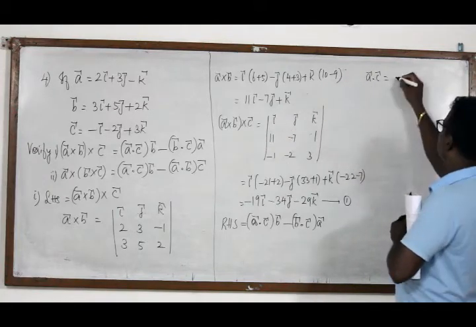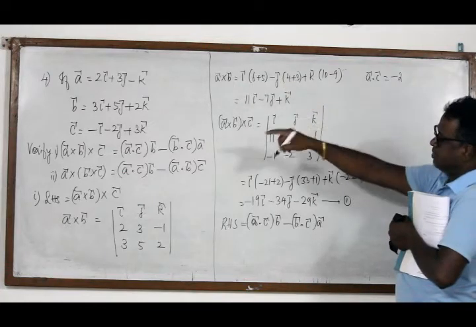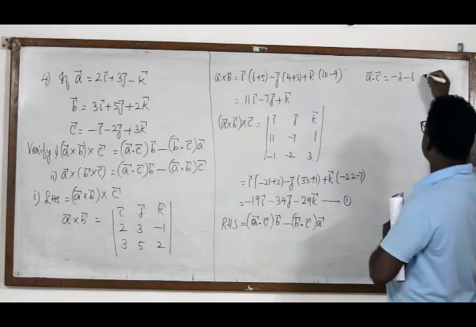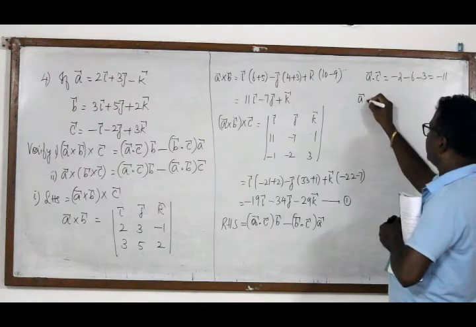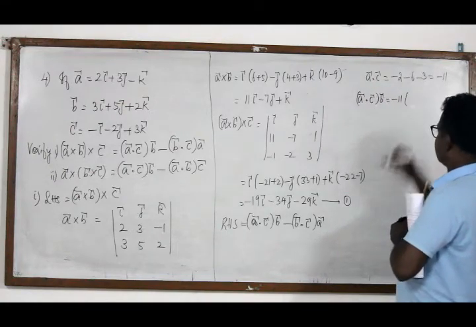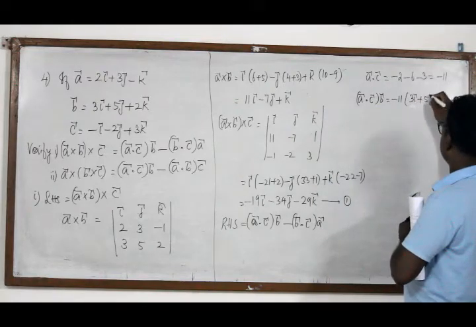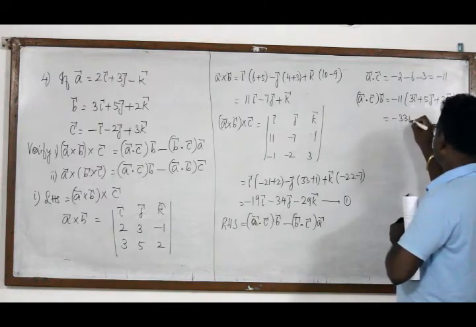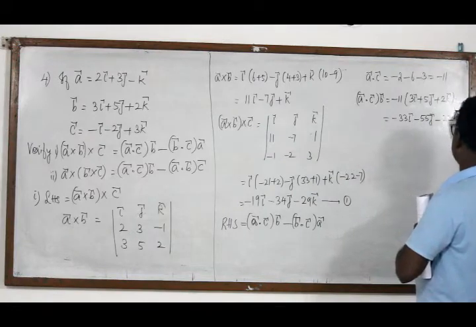So 2 into minus 1 is minus 2, 3 into minus 2 is minus 6, 1 into minus 1 into 3 is minus 3. So it is minus 11. So A dot C into B I need. It is minus 11 into B vector, 3i plus 5j plus 2k. It is minus 33i minus 55j minus 22k.